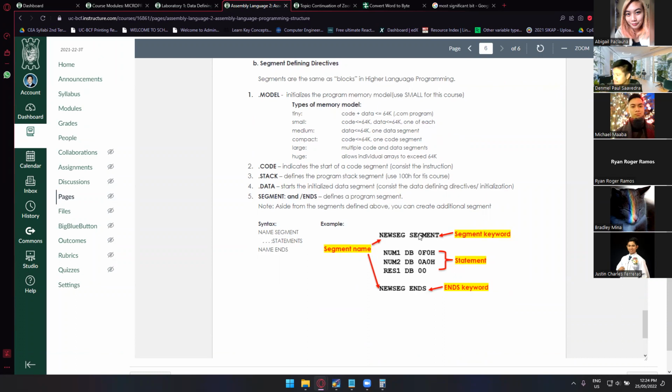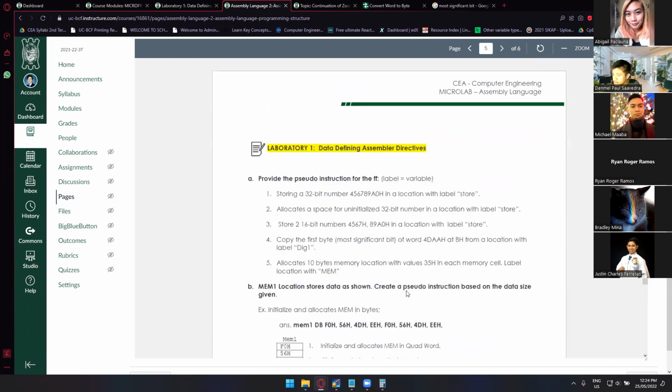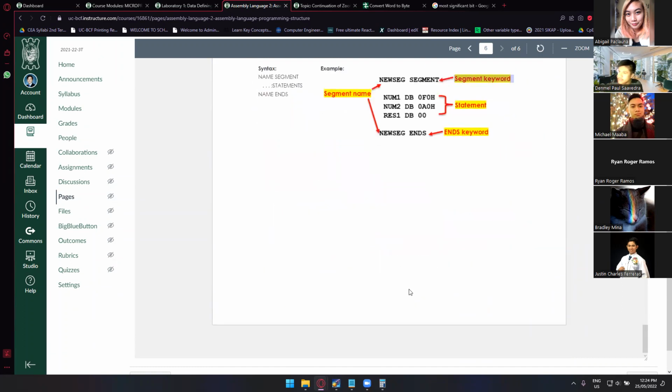Let's say new seg, and then whatever is inside of that one, so data, code. As long as it will also end with the same segment name, new seg, and then ends. So yeah, that's all for module 2.